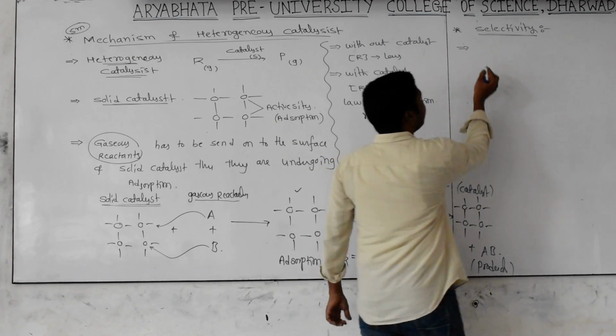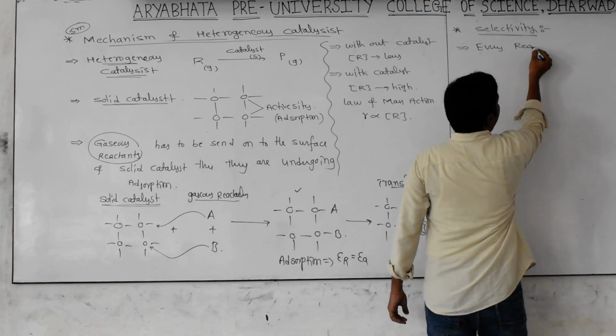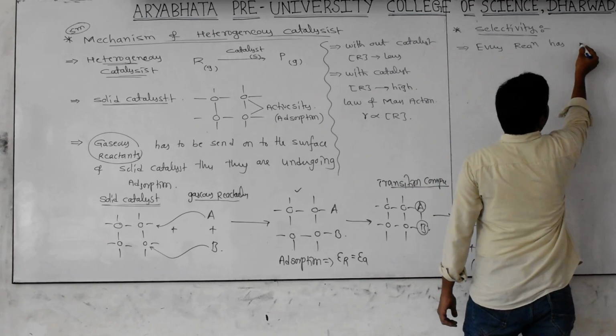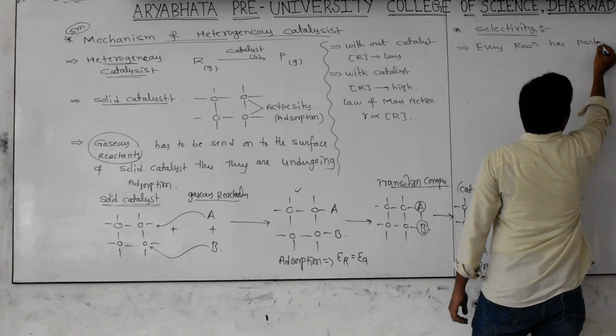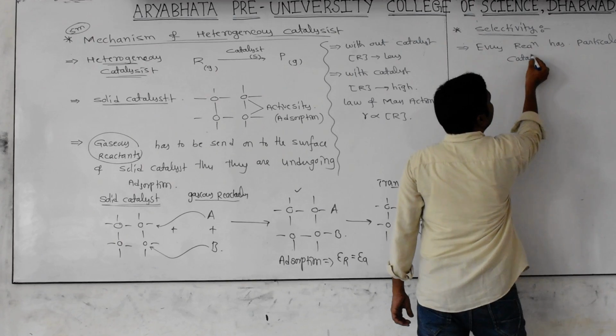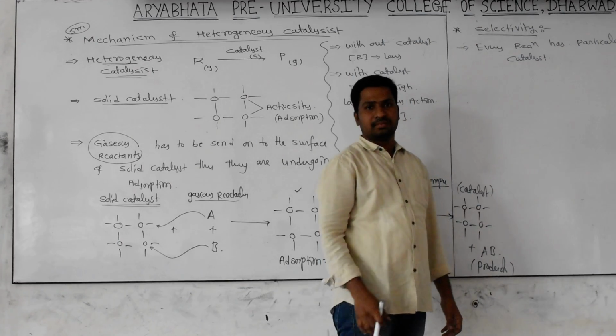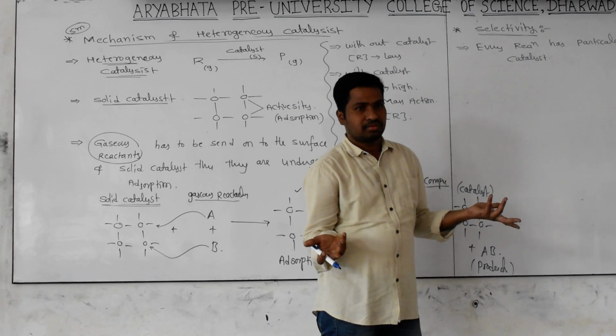That's why every reaction has a particular catalyst. If you want to proceed with that particular reaction, we have to use that particular catalyst only. If I exchange it, it is of no use. Are you getting it?